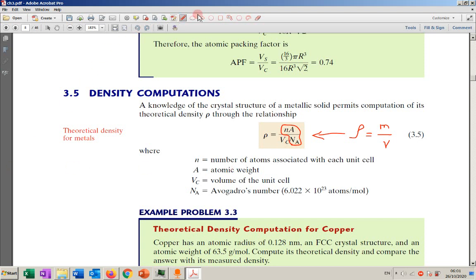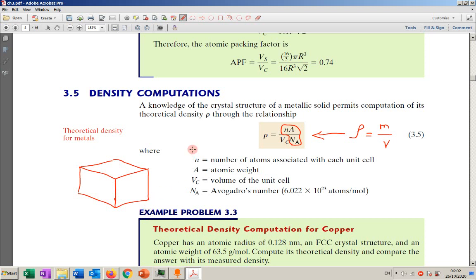Now imagine we have a cube, and we want to calculate density for this cube. Sorry, it should have been a nice cube if I could draw. So let's say we have a cube here, and we want to calculate density for this cube.